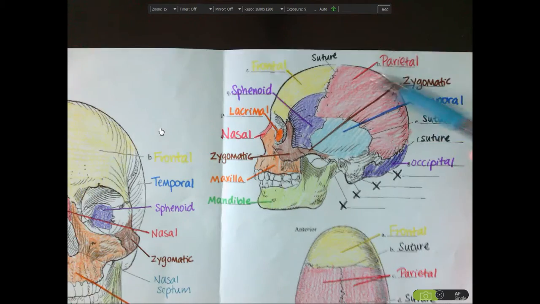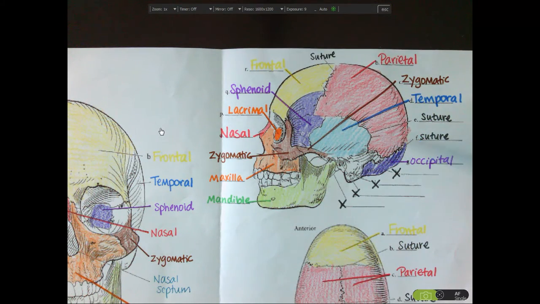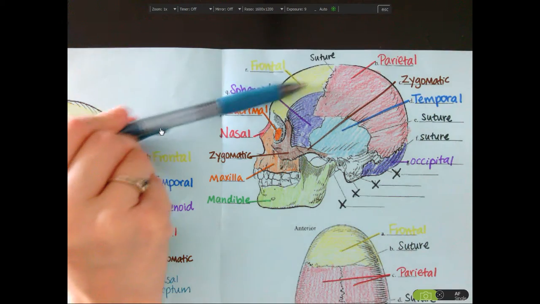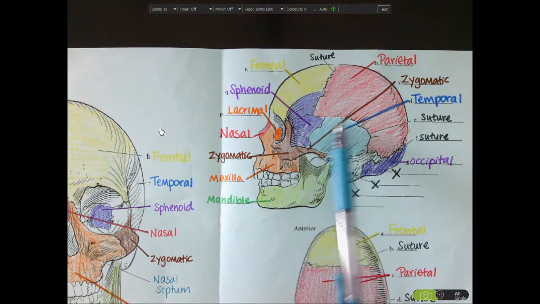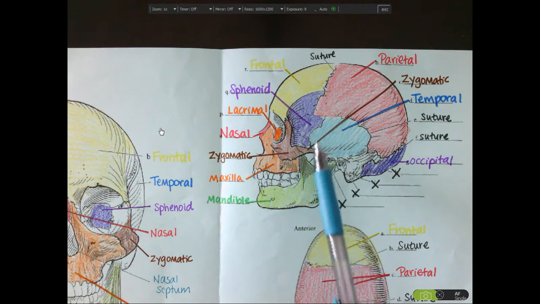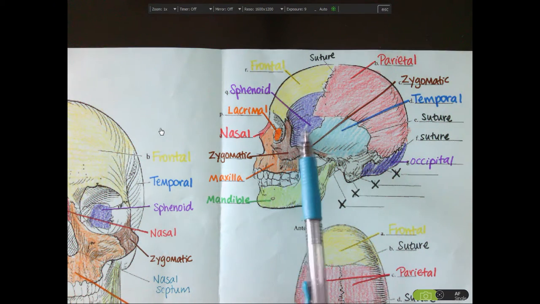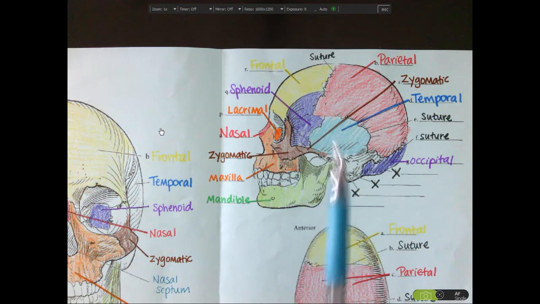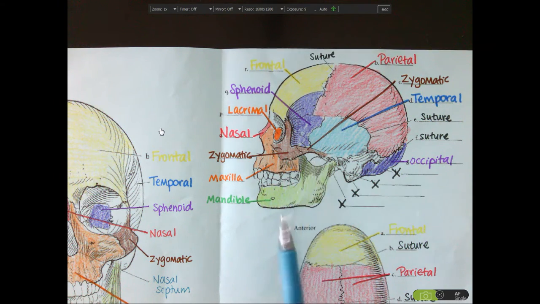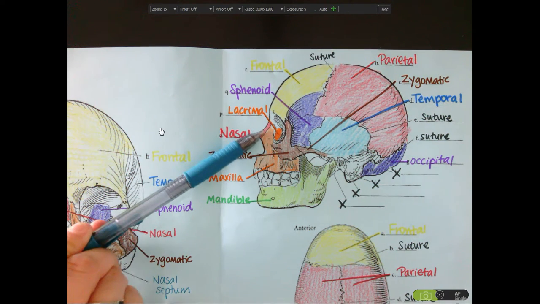Okay, we have parietal plate, which is red. Frontal, which is yellow. Temporal, you could think is kind of near where your temples are. It's the side of the head. And here's that sphenoid bone we were talking about before that you can see by looking into the eye. Okay, we have zygomatic, the cheek that we saw, maxilla, mandible, nasal, the bridge of the nose.